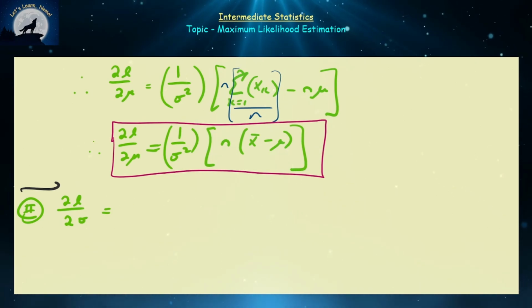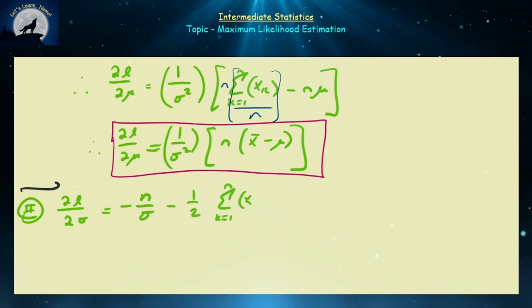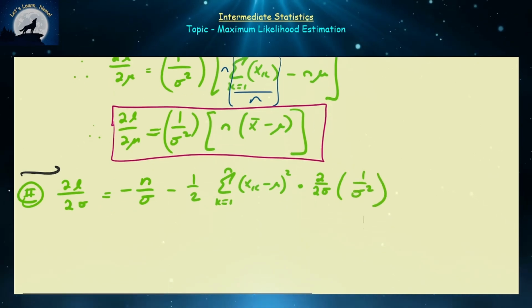This is going to be equal to minus n over sigma minus 1/2 of the sum from k equals 1 to n of (xk minus mu over sigma) quantity squared. The sigma becomes sigma squared. So we have to take the partial derivative with respect to sigma of 1 over sigma squared, right?